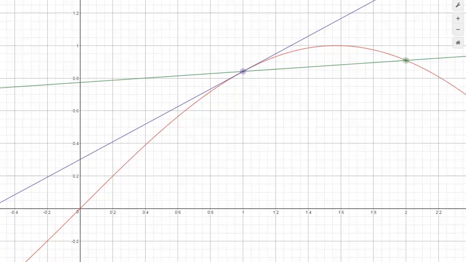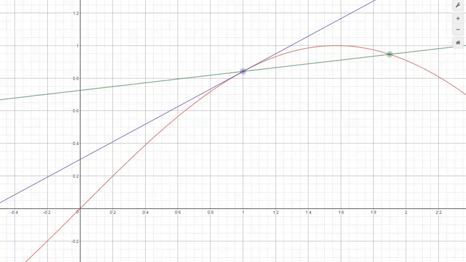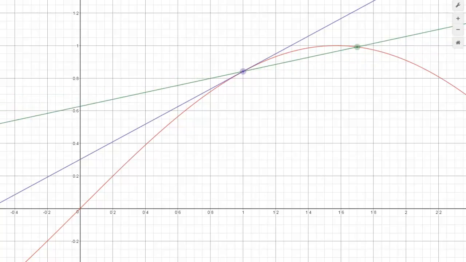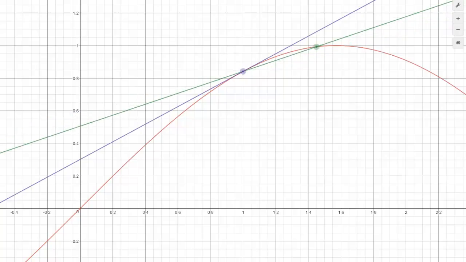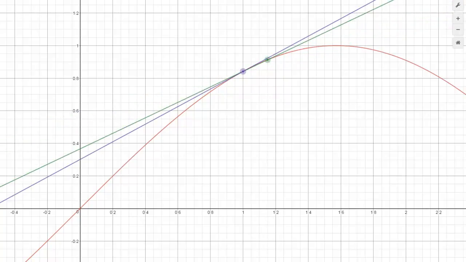So my green secant line is very dissimilar to my purple tangent line. The x value of this point right here is 2, so delta x right now is 1. The difference between my two x values is 1. But as delta x gets smaller, the green line becomes a better and better approximation of the purple line until they finally coincide.